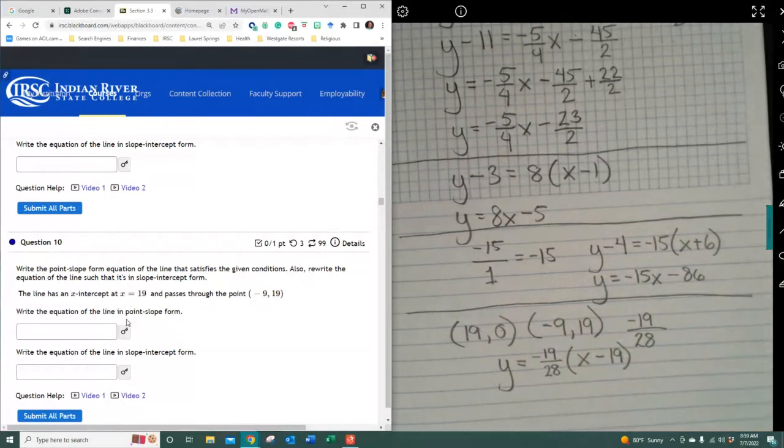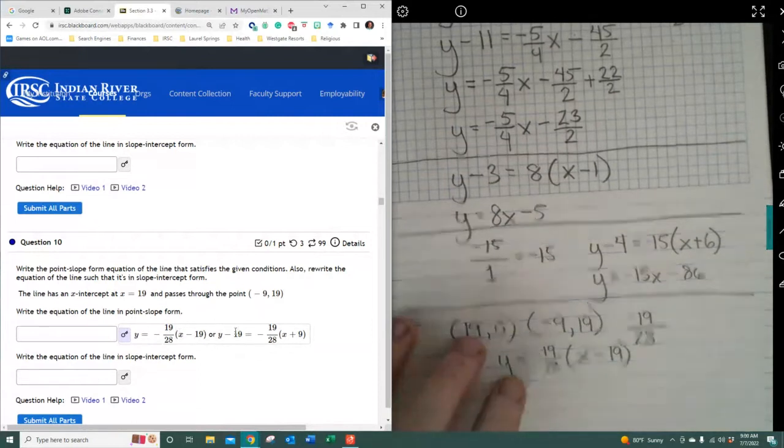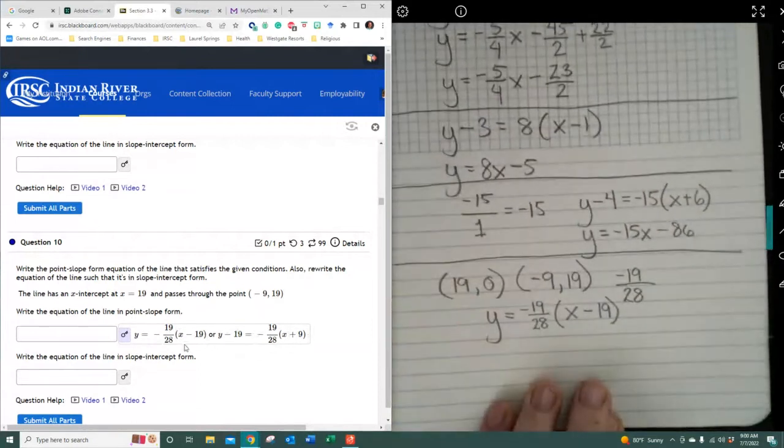So that would be one of the equations you would have. This is the one that I used right there. I don't need to do both of them.